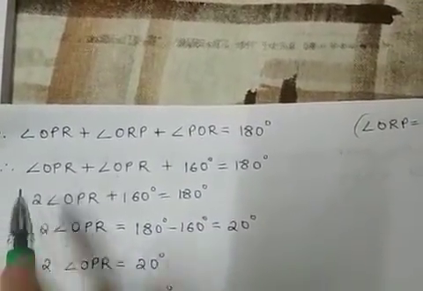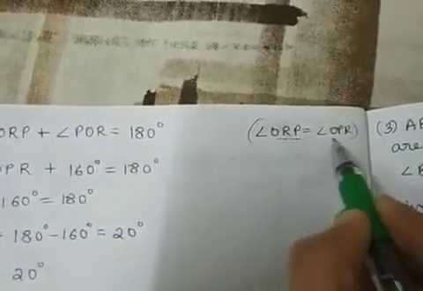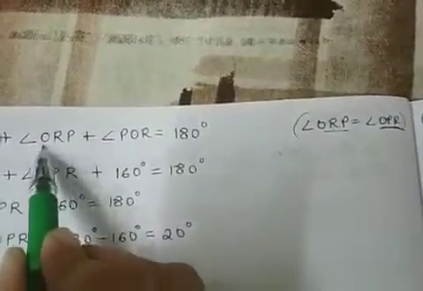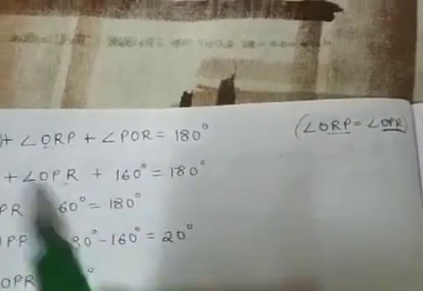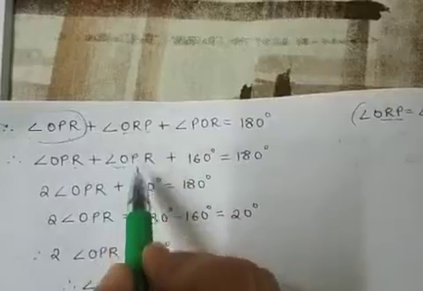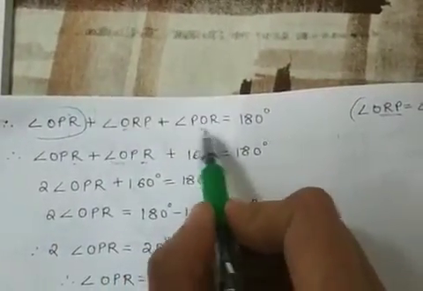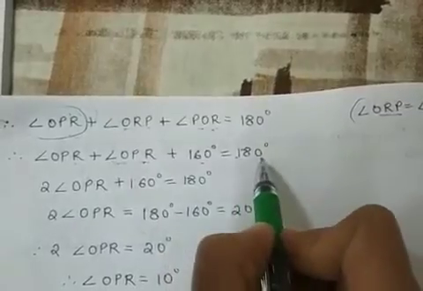Now I have to find OPR, correct? So we know angle ORP is equal to OPR. So let us substitute for ORP as OPR because they are equal. So angle OPR plus angle, for this I am putting OPR because I want to find OPR, plus 160 degrees is equal to 180.